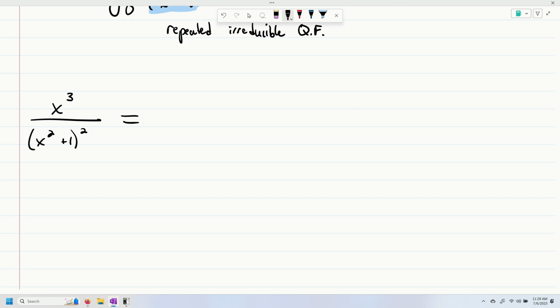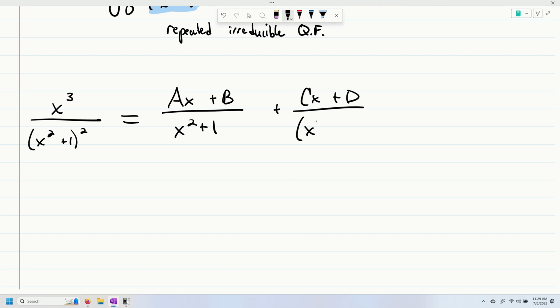Here we go. So looking at your chart, this is what you end up with: Ax plus B over the first irreducible quadratic factor plus Cx plus D over the irreducible quadratic factor raised to the second power. The thing to remember is anytime you have to repeat this, you're going to want to change those letters.